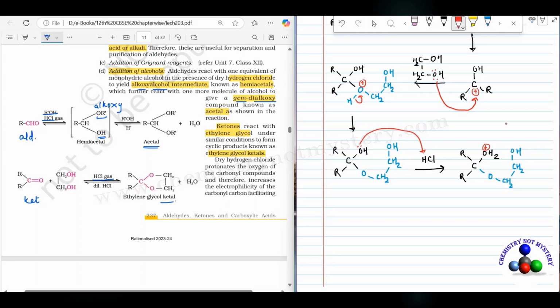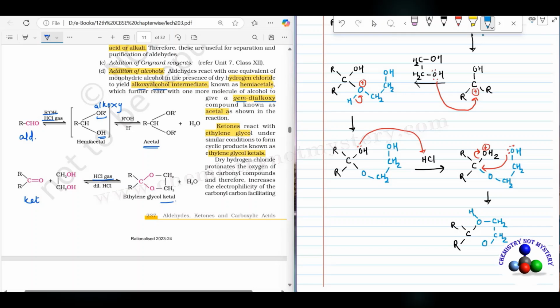Now this lone pair of oxygen attacks the carbon and expels this as a water molecule. So here you will get C. There were two alkyl groups, and here this OH will get attached to the carbon. So here it was CH2.